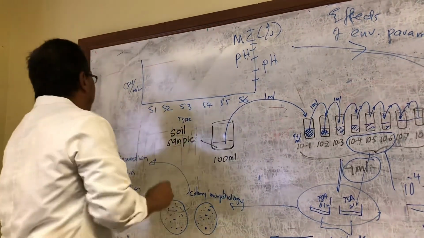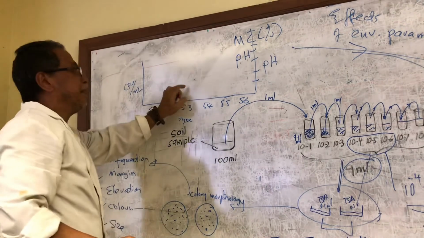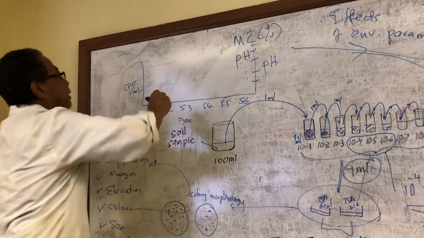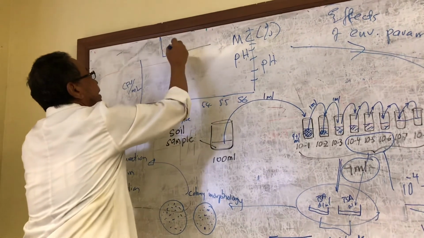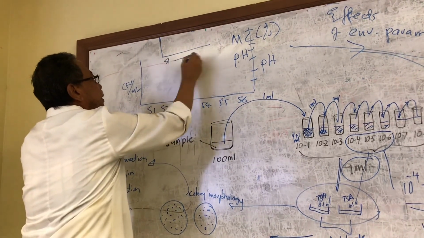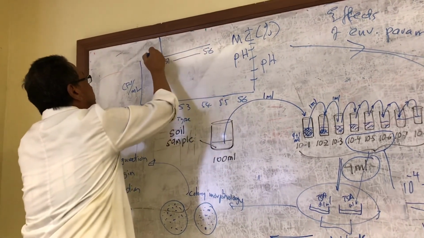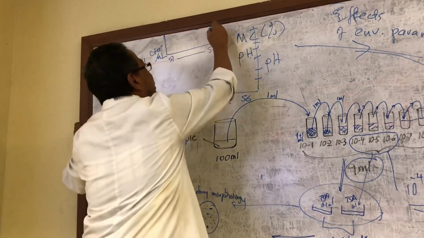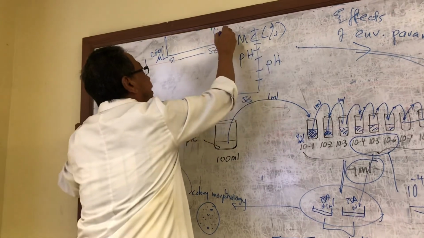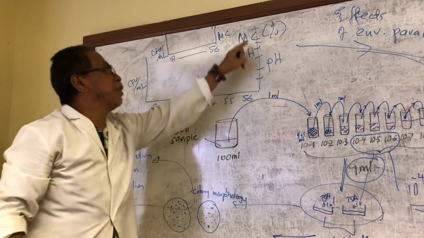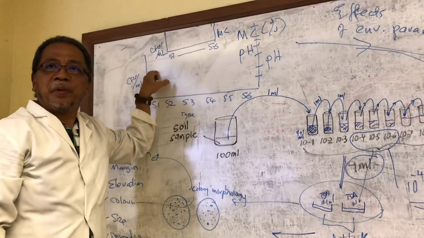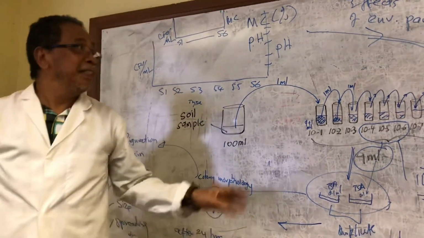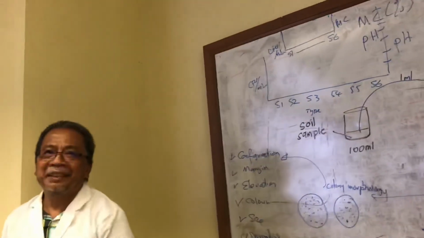Then the other graph or figure will be the same S1 to S6, with CFU per ml and the moisture content. So you can see the effects of pH and moisture content towards the microbial population in the soil. Hopefully that explains the thing. Thank you.